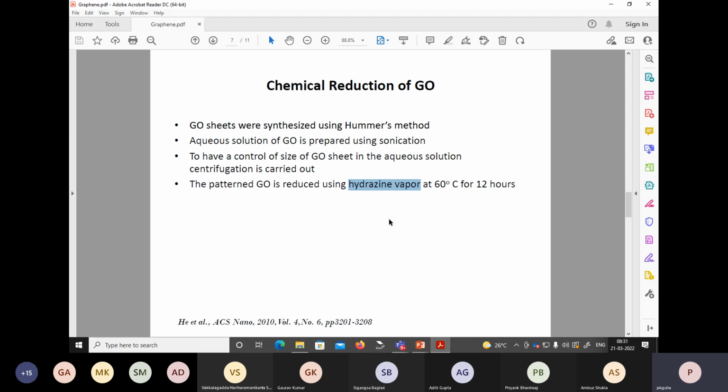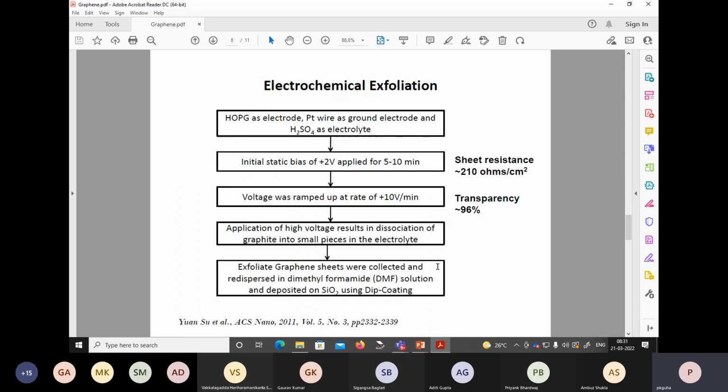For example, NaBH4, sodium borohydride, can be used for reduction of this GO. Okay, there are other techniques also.